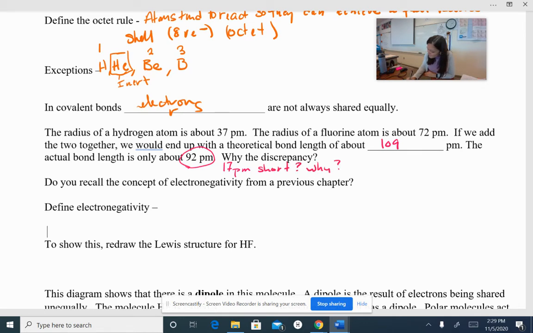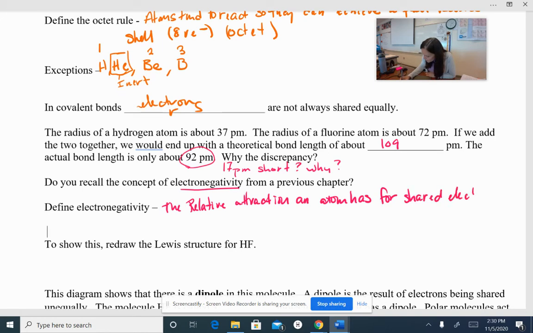Why? Okay. Do you recall the concept of electronegativity from the previous chapter? Remember, electronegativity is the relative attraction an atom has for shared electrons in a chemical bond.